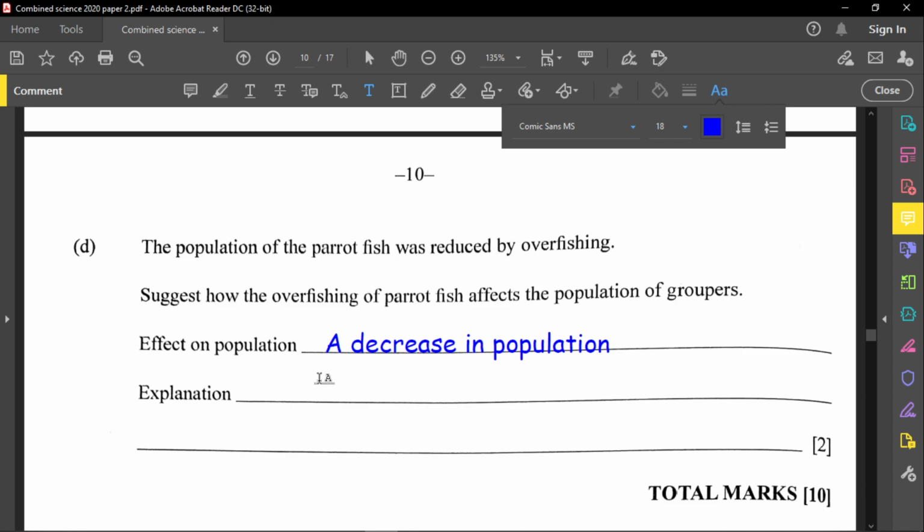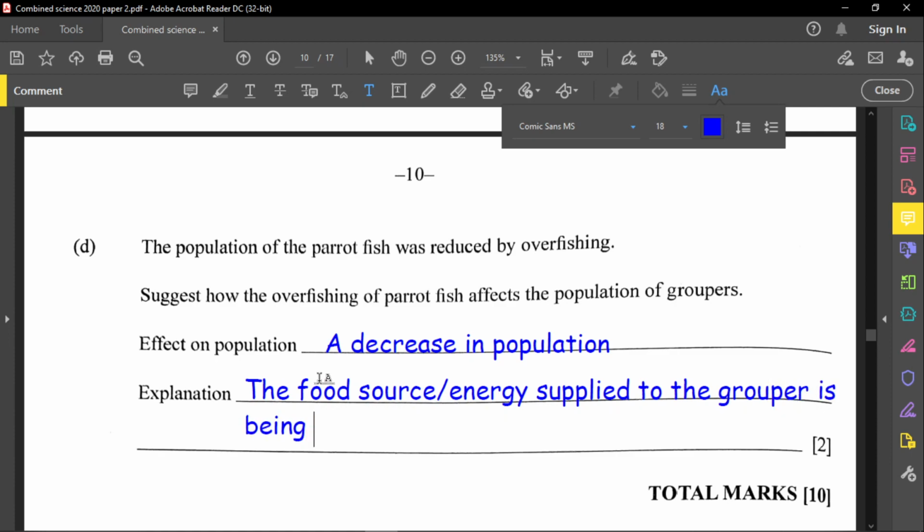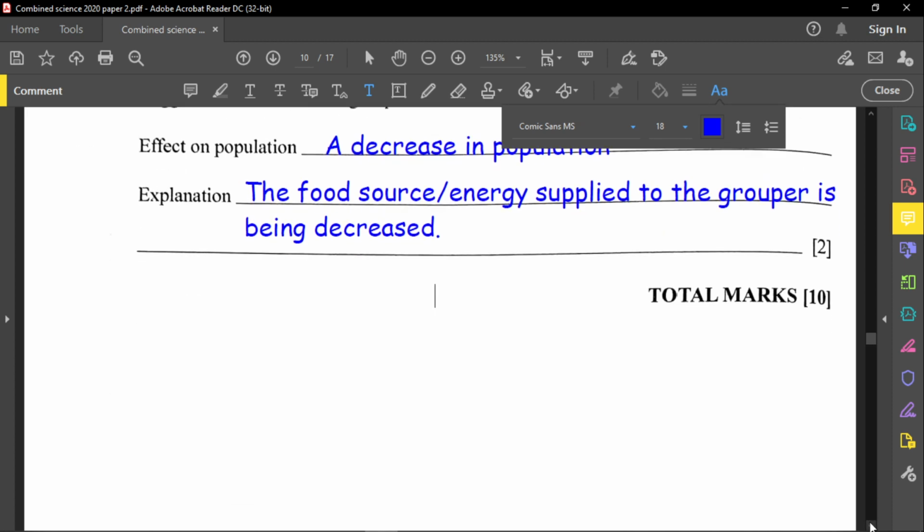And the reason for that is simply because the food source or source of energy supplied to the grouper is being decreased. Okay. All right, so that's exactly what happened there. So less energy, less food, then the grouper will decrease. All right, let's go to the next question here.